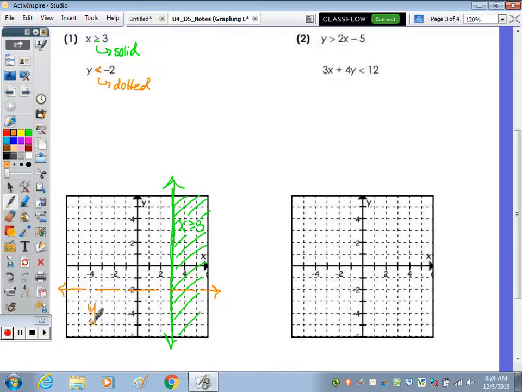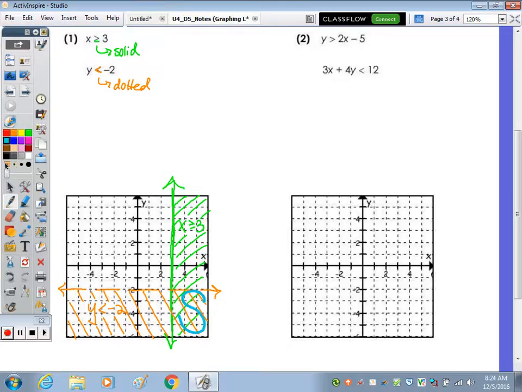So I'm going to label this first, y less than negative 2. And then I'm going to shade in the other direction. Okay, and that overlap, let's use this blue, is the solution set for both.